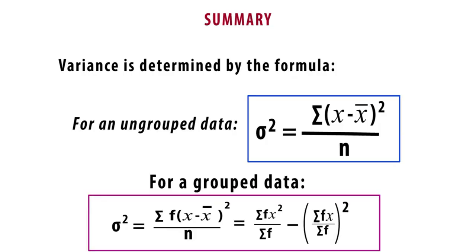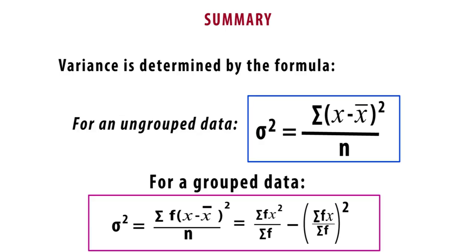This is what time will allow us. In this lesson, we have tried to calculate the variance and the standard deviation of data. We looked at the variance for ungrouped data, that is summation of x minus x bar all squared divided by n, or summation f times x minus x bar all squared divided by n, or summation fx squared divided by summation f minus summation fx divided by summation f all squared.